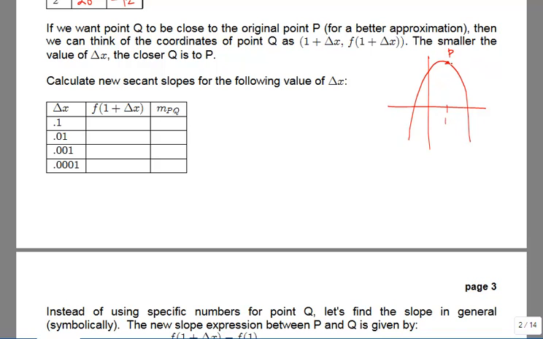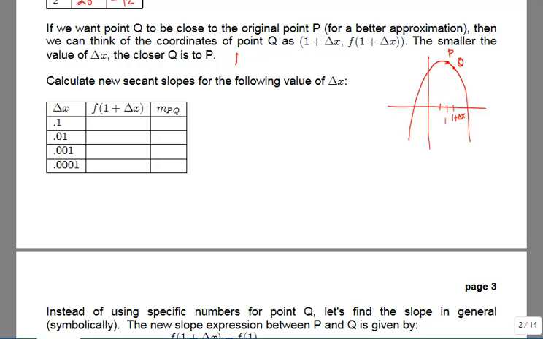So now we're going to let Q start at 1 and just go some little distance delta x away. So 1 plus delta x might be over here, or if delta x was something negative, it could be something on this side as well. So our point Q is just a little distance away from P.